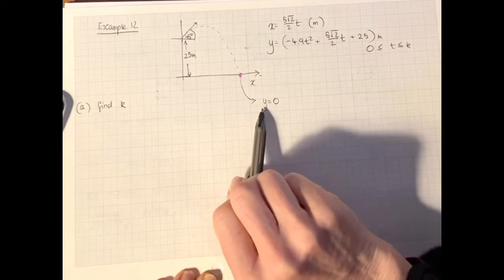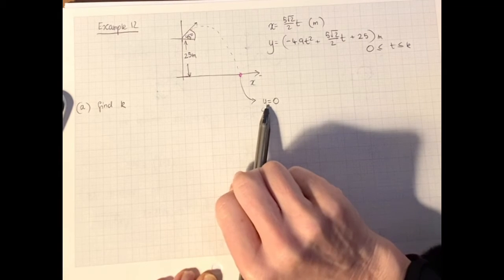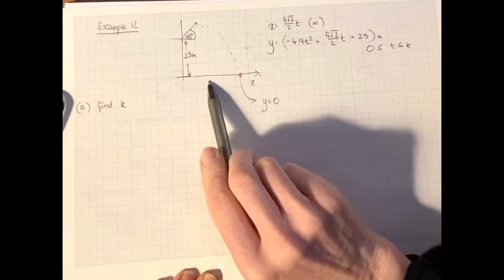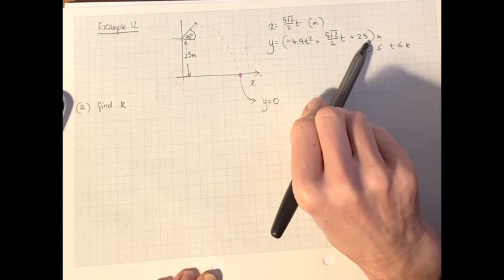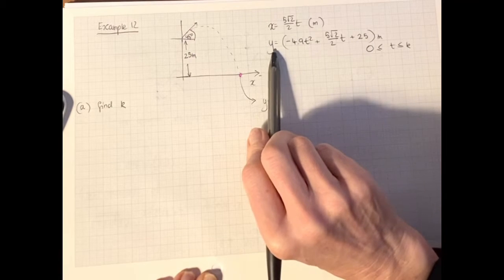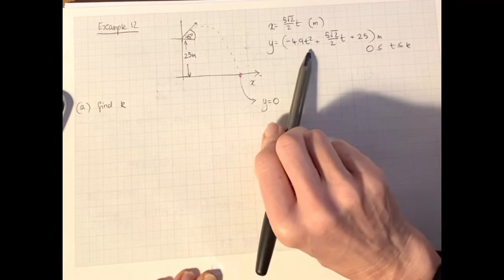Now, if we can solve the equation for y equals 0, we'll find two values of t, because y is described in terms of a quadratic.